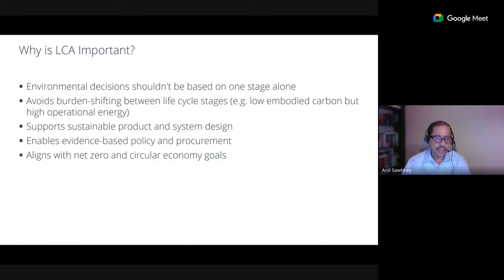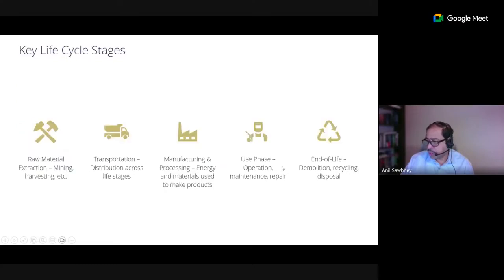LCA, as the name suggests, helps you look at all the product stages, all service stages, or in our case, life cycle stages of building or infrastructure projects. It supports sustainable product and system design. It enables evidence-based policy and procurement, and it aligns with net zero and circular economy goals. So that's why LCA is extremely important.